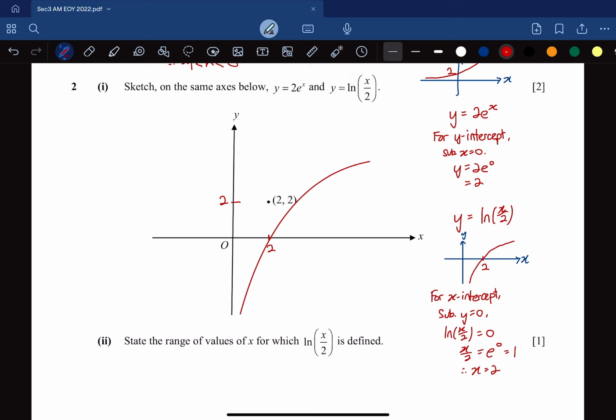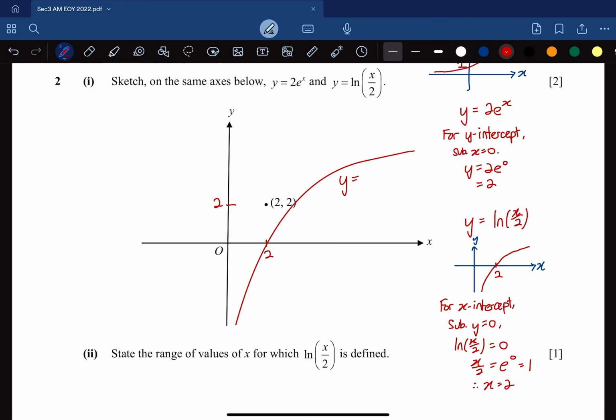Something like this. It should intersect at 2. It should be a bit curved. Then this is my ln function. I label this as y equals ln(x/2).